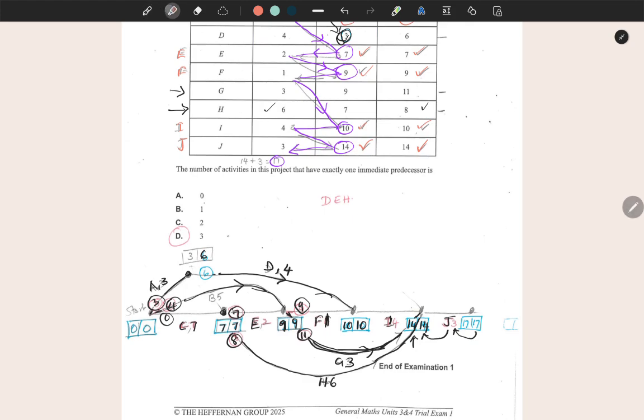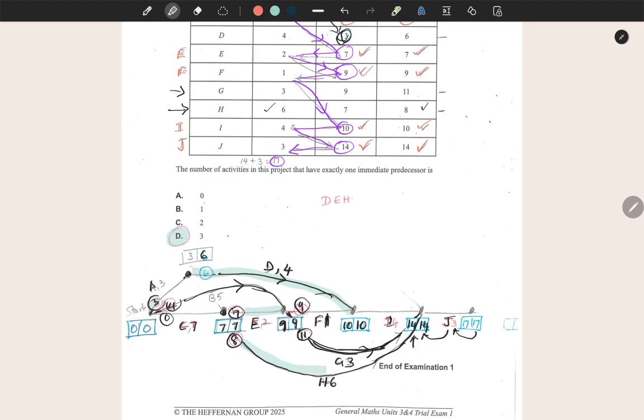So clearly we can see over here that activity A is a predecessor for D. Activity E has one predecessor, that is C, and activity H also has one predecessor, which is C. So these are the activities with one immediate predecessor. So that's 3, and the answer is 3.